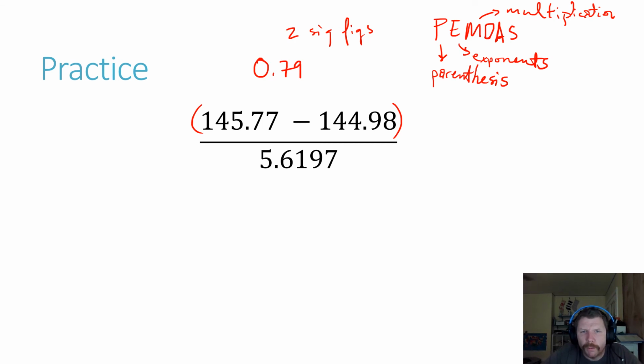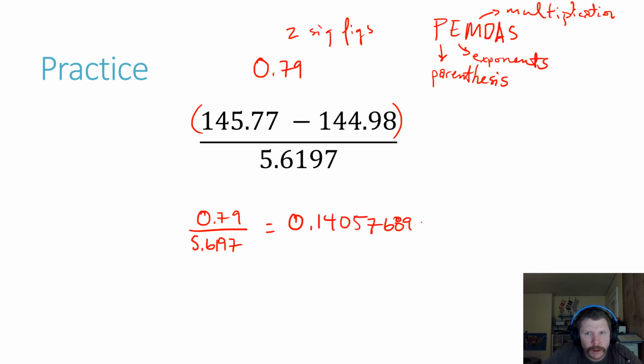So I will now write out 0.79 divided by 5.6197. That equals 0.140576899.